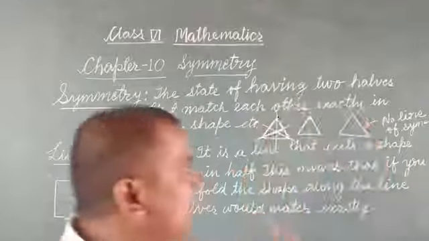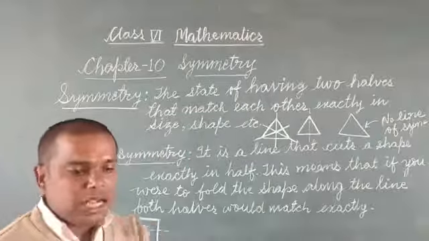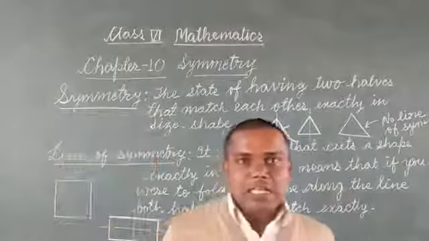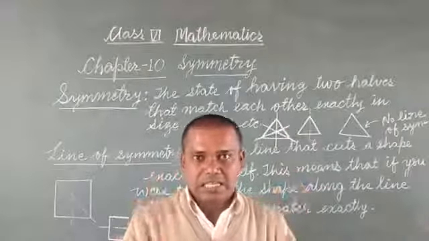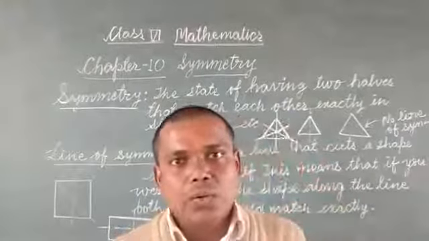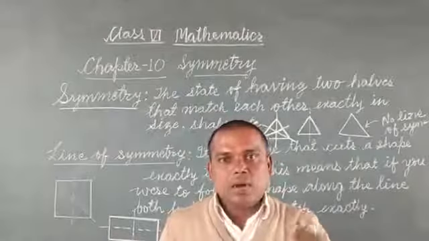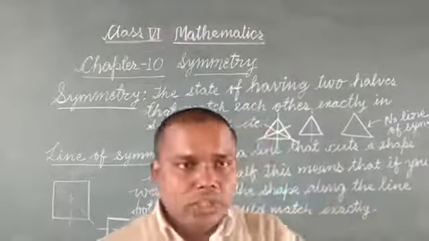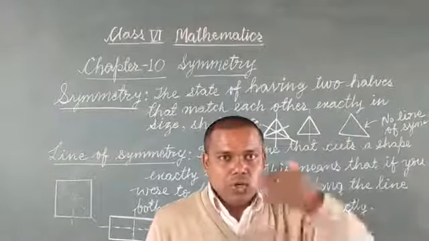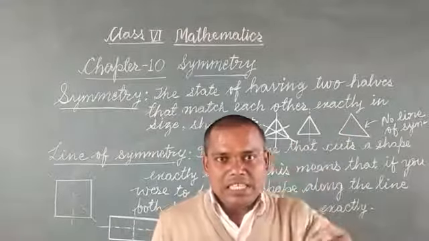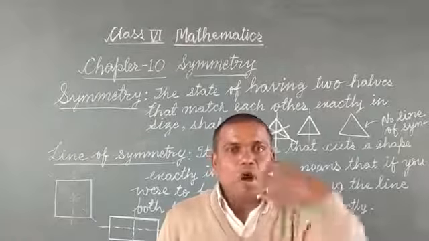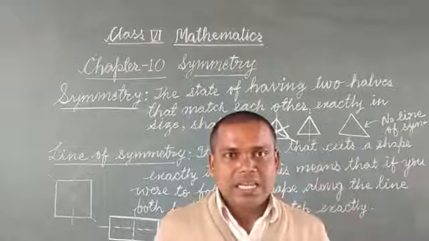This is the way to get the line of symmetry, I told you with the folding method. Another method is that you can keep a mirror, and the image in the mirror will also tell us about the line of symmetry. As you stand in front of a mirror, you will see exactly the copy of your face, your body.